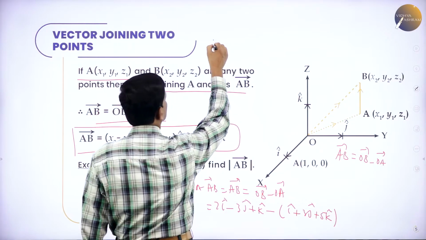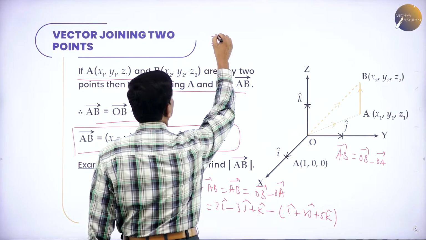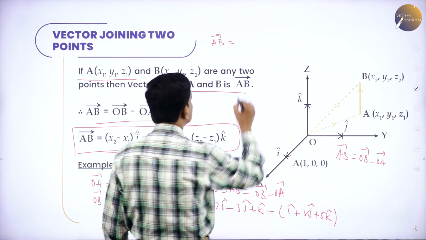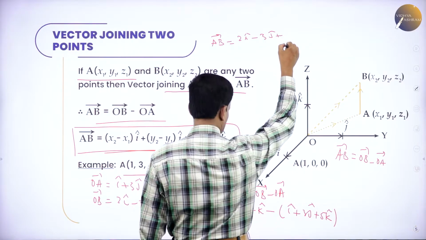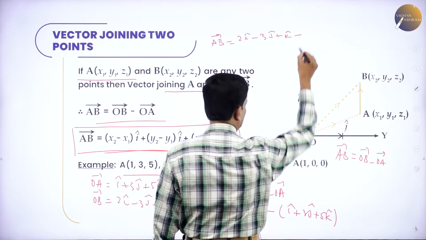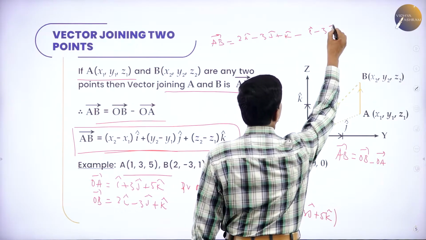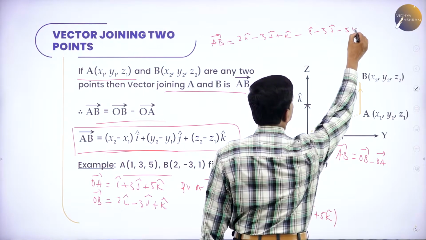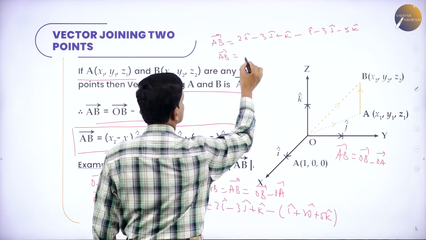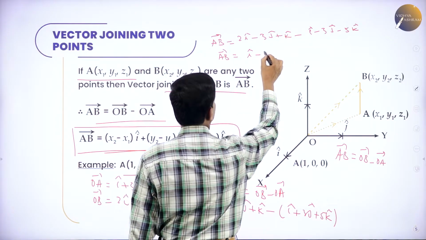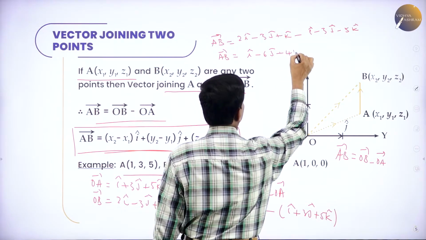Now vector AB is equal to 2i minus j plus 3k, minus, multiplying by the negative sign, i minus 3j minus 5k. So this is equal to 2i minus i is 1i, minus 1 minus 3 is minus 4j, 3k minus 5k is minus 2k.